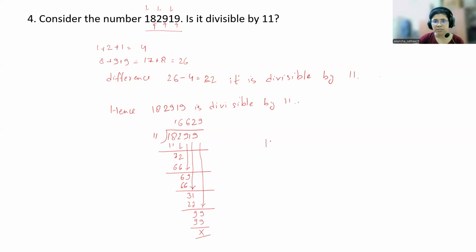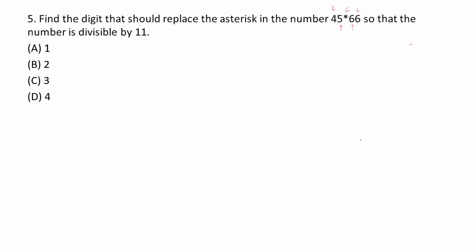And you can see that 182919, if you divide it by 11, you are getting 16629. Again, if you want, you can check this number also, whether it is divisible by 11 or not.